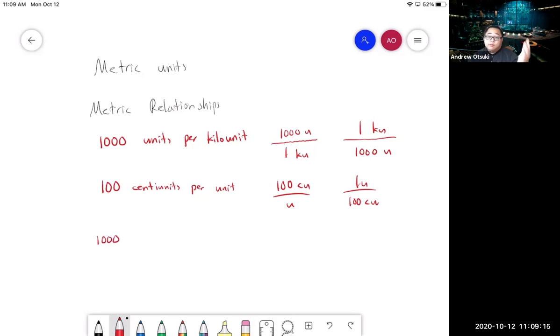Then we'll go even smaller: 1,000 milliunits per unit, and then 1 unit per 1,000 milliunits. So the unit can be whatever it is: volume, mass, or length.